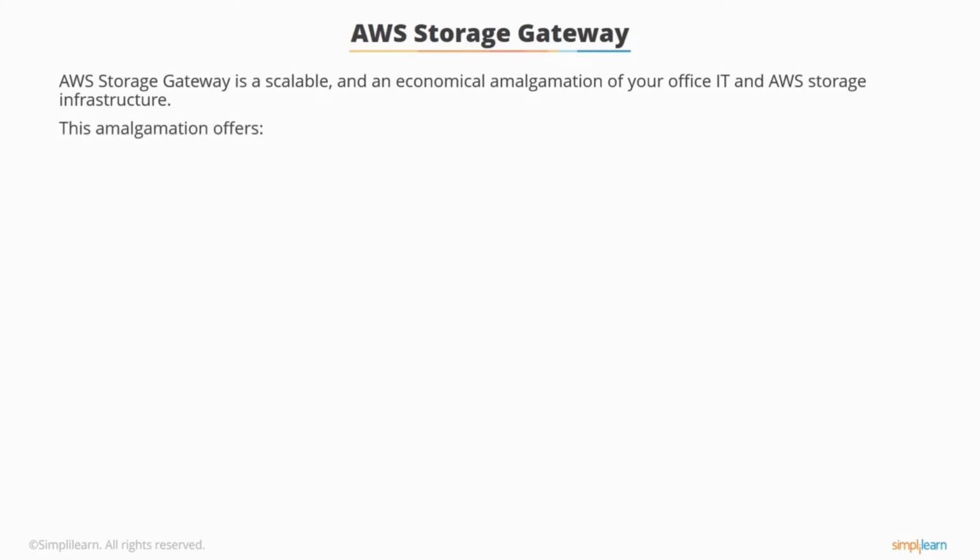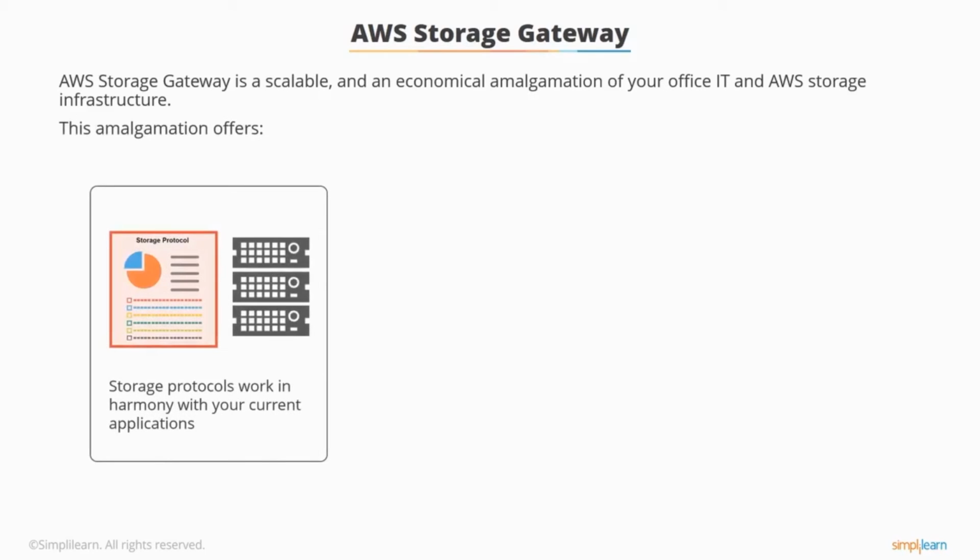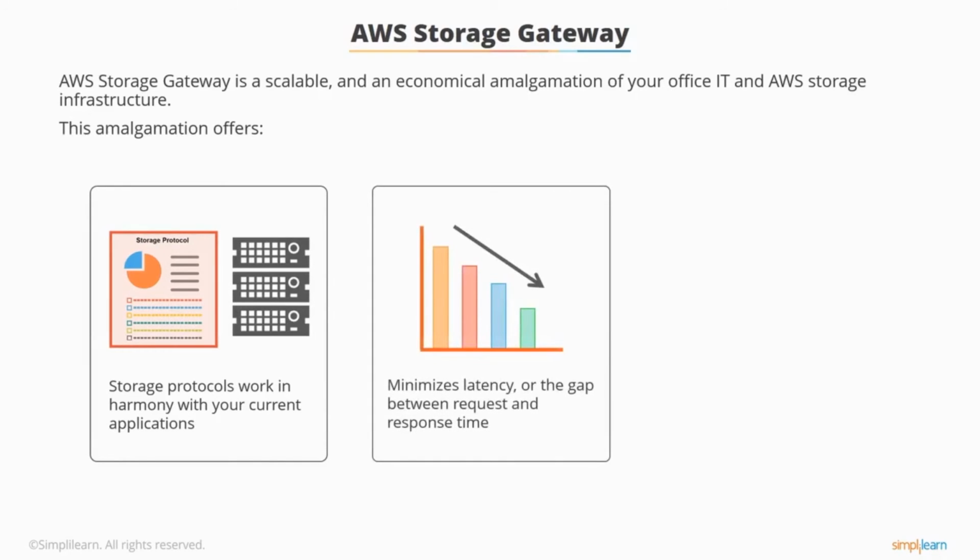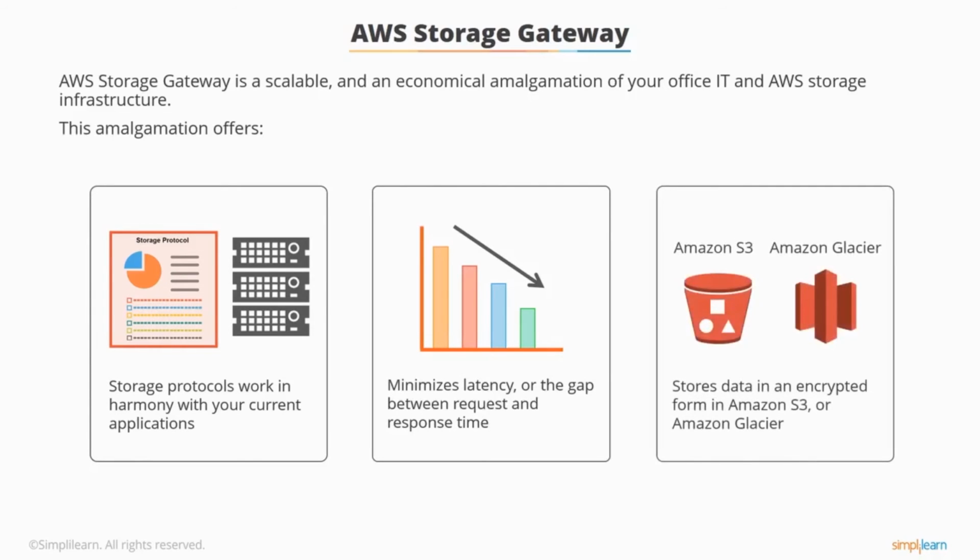This amalgamation offers widely accepted storage protocols working in harmony with your current applications, minimizes latency or the gap between request and response time by managing the recurrently accessed data stored in your physical locations, and stores data in an encrypted form in Amazon S3 or Amazon Glacier.